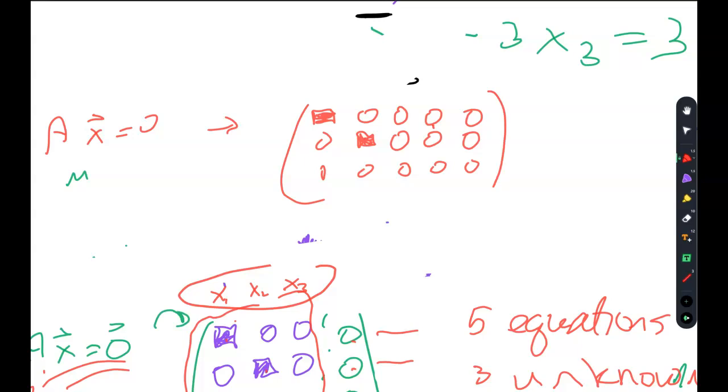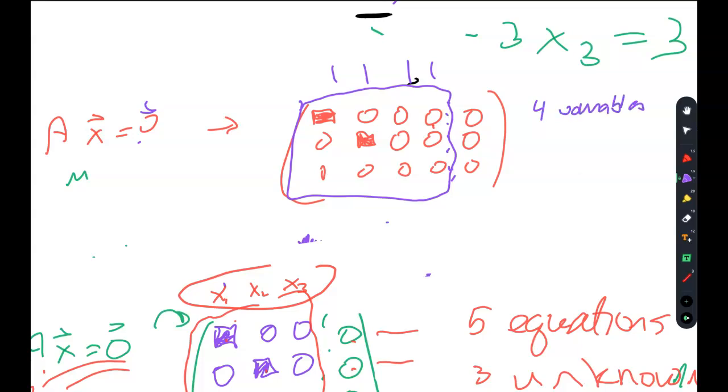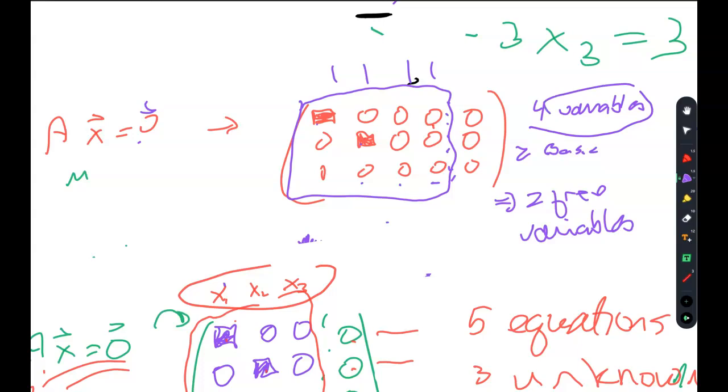This is the augmented matrix, so that means this is my A. If that's my matrix A, I have 4 variables, because there are 4 columns in the matrix A. How many basic variables do I have? I only have 2 basic variables because they come from the pivots. So that means I have 2 free variables. Context matters. Always look for the number of variables.